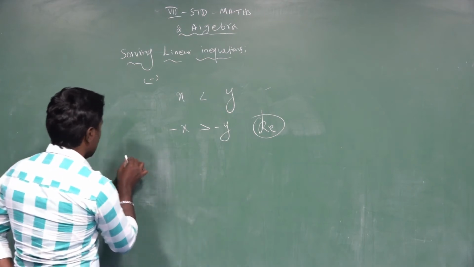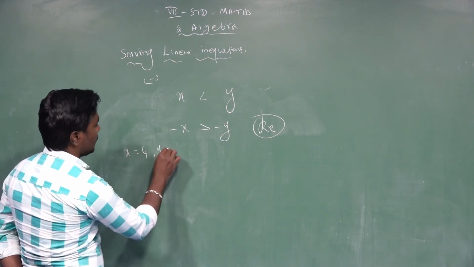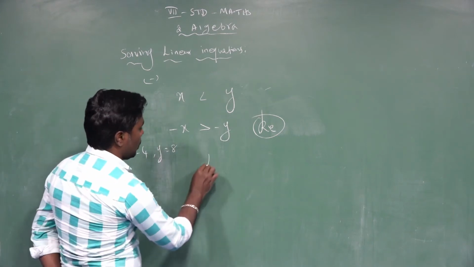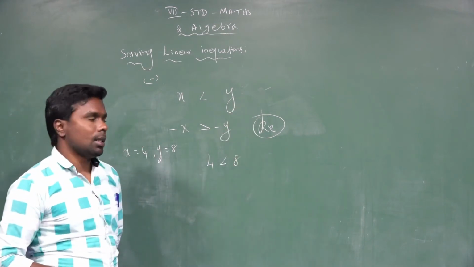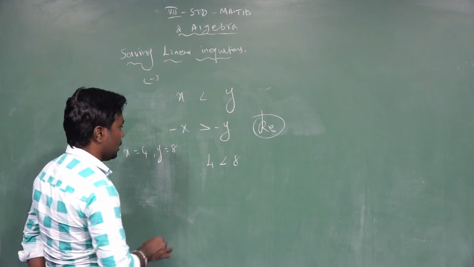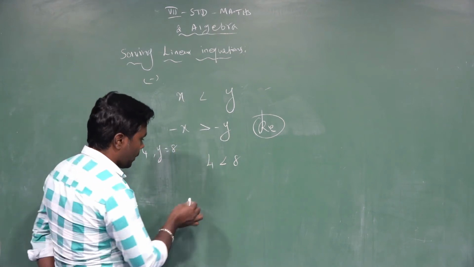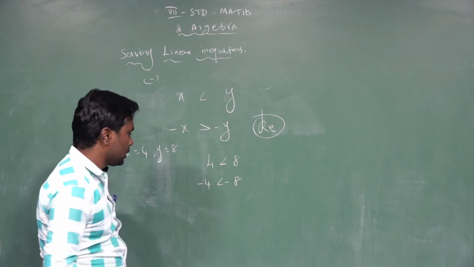Now, for example, here x equal to 4 and y equal to 8. So 4 less than 8. Now, multiply by the minus. So, minus 4 less than minus 8.